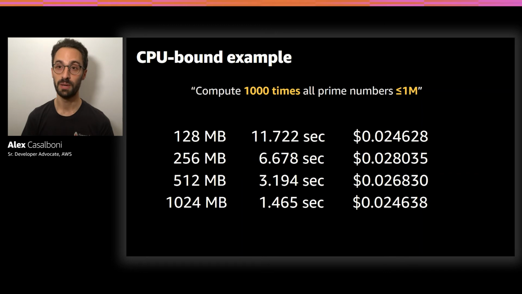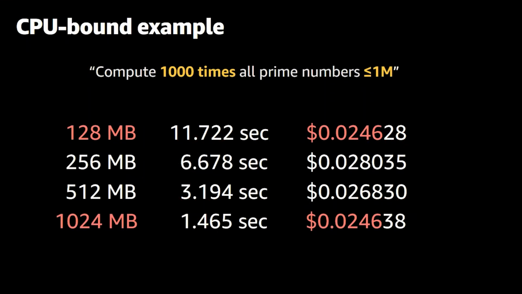This is a CPU-bound example, and it works specifically with CPU-bound examples, but not only. Let's say we are computing prime numbers. This is very CPU-intensive. If we start with 128 megabytes, it takes more than 10 seconds. If we use 10 times as much memory, up to 1 gigabyte, it will take almost 10 times less. And the cost is pretty much the same.